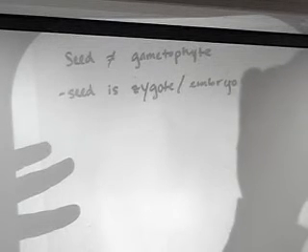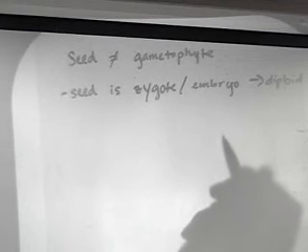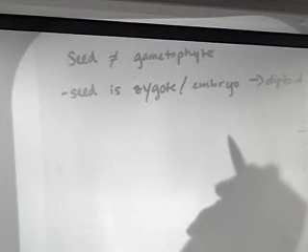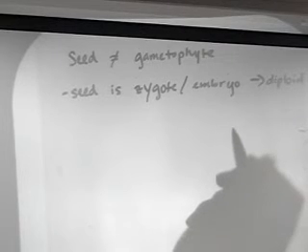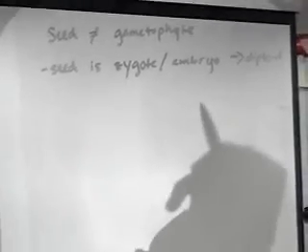So it is what? Diploid or haploid? It's going to be diploid. It's basically the stage before the embryo has fully come out of that protective layer, and it's beginning to develop into what will be a full-fledged plant. What will be a full-fledged sporophyte.